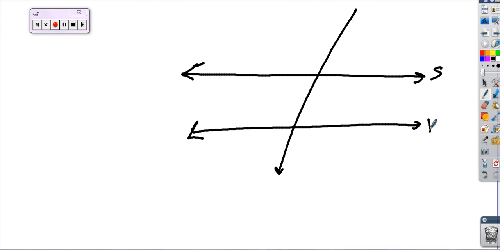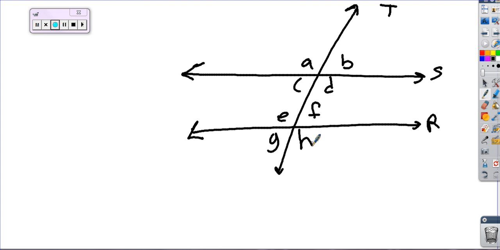Two parallel lines named S and R, and a transversal named T. All right, knowing all that information, we can solve a bunch of stuff. Which angle in all those angles corresponds to F? There's only one choice.